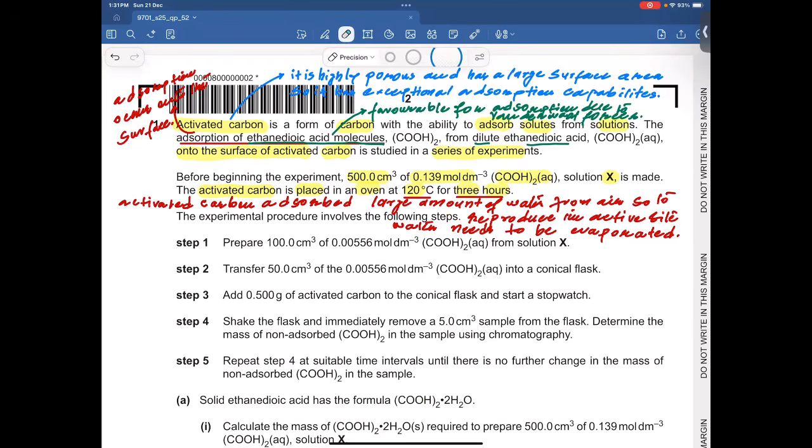Well, we need to prepare 100 cm³ of 0.00556 mol per dm³ ethanedioic acid from solution X. Transfer 50 cm³ of this solution into a conical flask. Okay. Add 0.5 gram of activated carbon into the conical flask and start a stopwatch.